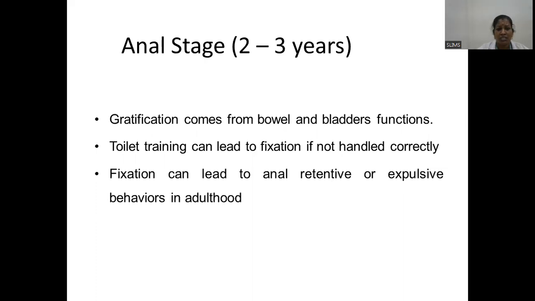The child himself or herself will tell the mother that he or she wants to pass urine. Soon after the child wakes up from bed, the mother takes the child to the toilet for toilet training. Fixations can lead to anal retentive as well as anal expulsive behaviors in adulthood.